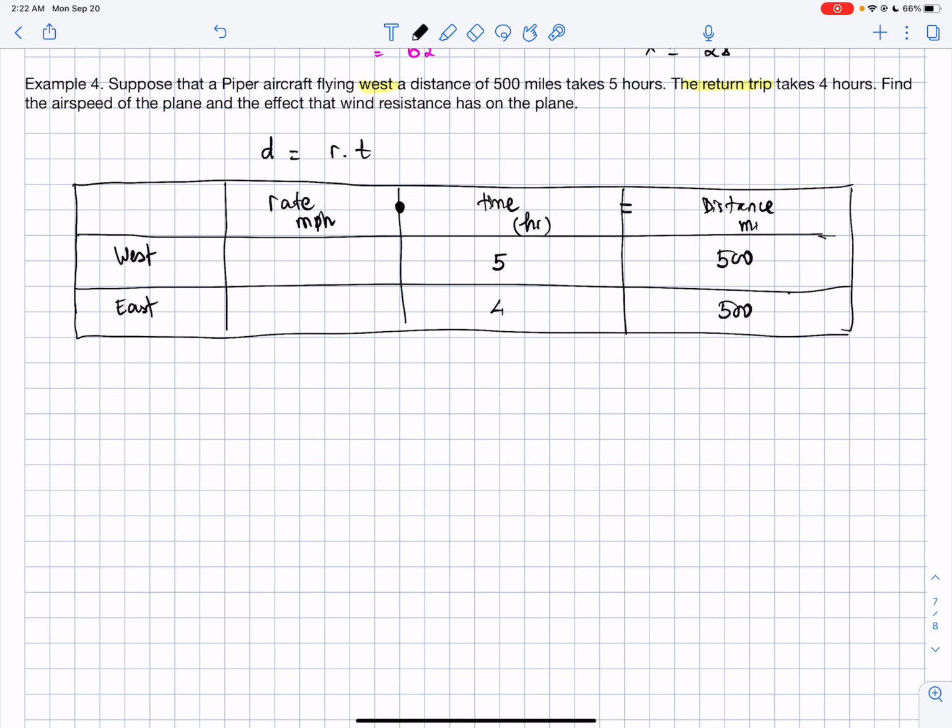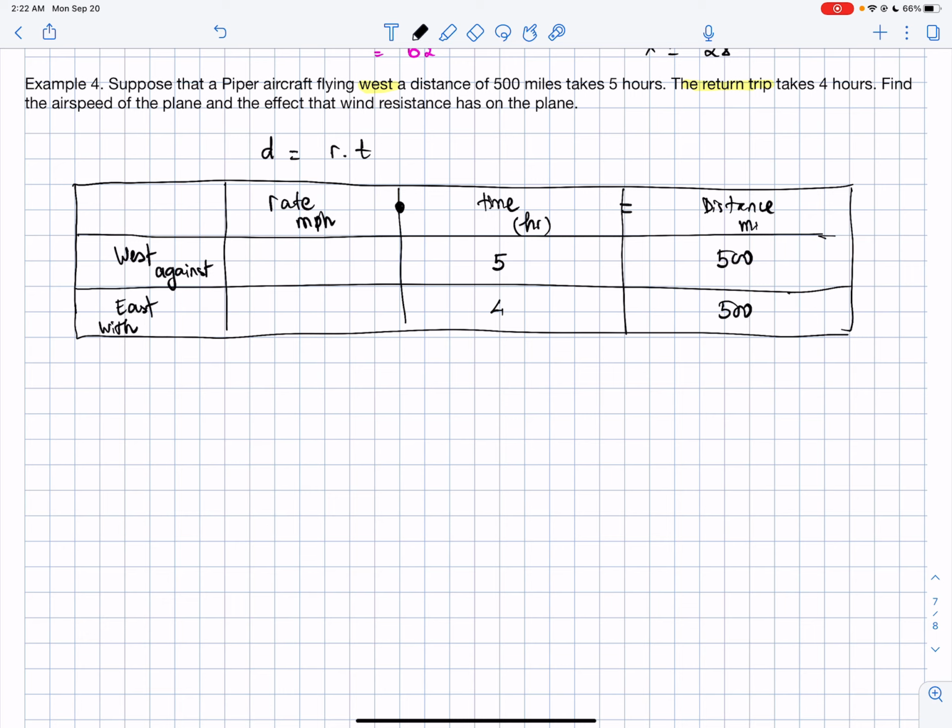If the wind and the airplane travel in the same direction, it will make the airplane go faster. So the wind goes with the airplane. And of course, the opposite direction will be going against, right?